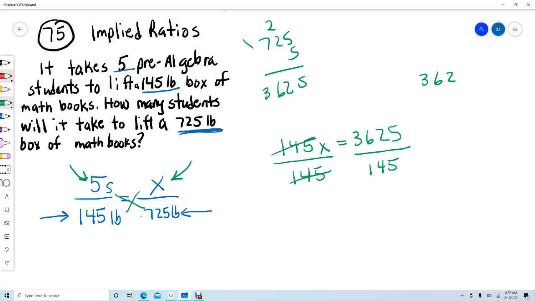I'm going to torture you with some long division here. Looks like that's going to go in 2 times. That's 290. Subtract 290 from 362. 16 minus 9 is 7. All right, and then we'll drop down our 5. 145 goes into 725.